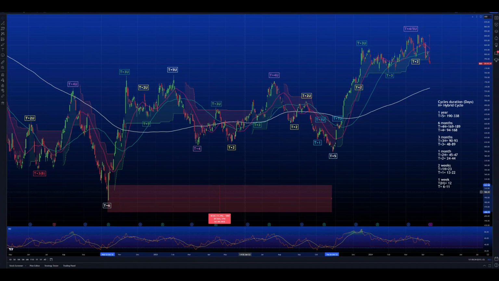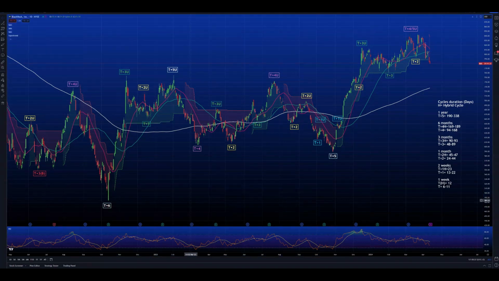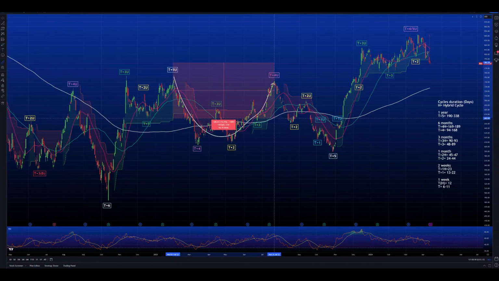As the other flip of the coin, we can always, or we must, check the upward cycles that are basically linking top with other tops. So from this top here, T plus 5, we have had a first 6 months upward cycle, T plus 4, with a total duration of 118 days.